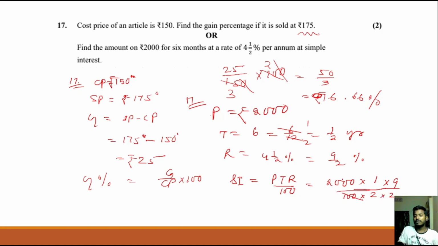Now 100 cancels, and we get 45. So write down the amount: amount equals P plus SI, so 2000 plus 45, that is 2045 rupees.